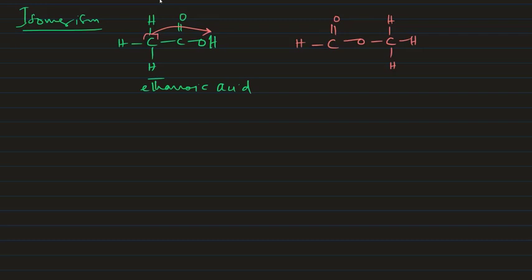You just need to keep this structure intact, and take 1 carbon from this side to the other side, and then complete the valencies with the hydrogen. So this will be your ester, and its name will be methyl, it is 1 carbon methyl, and this is also 1 carbon, methyl methanoate.